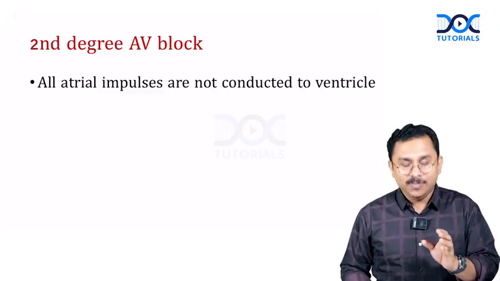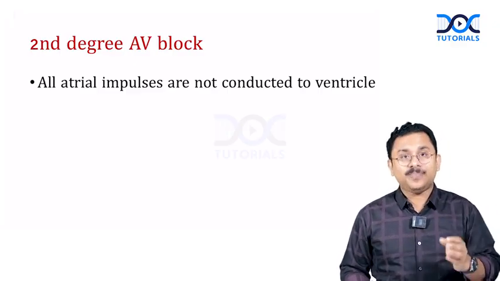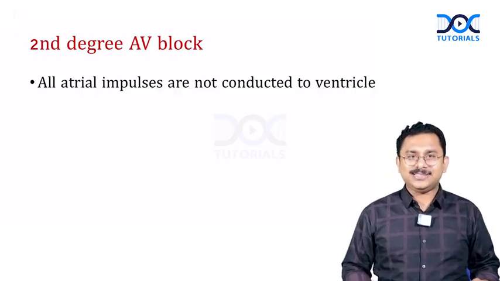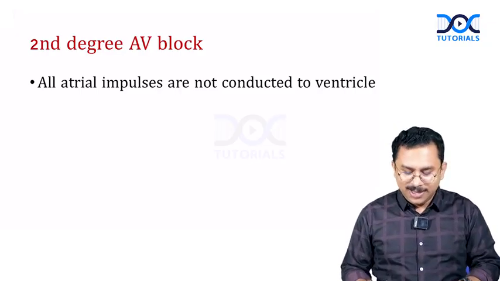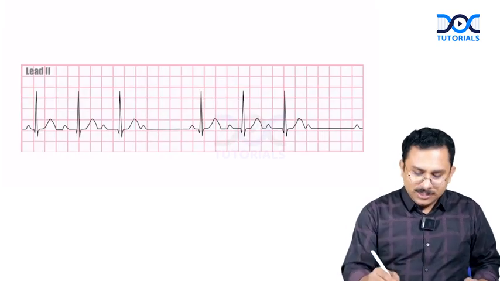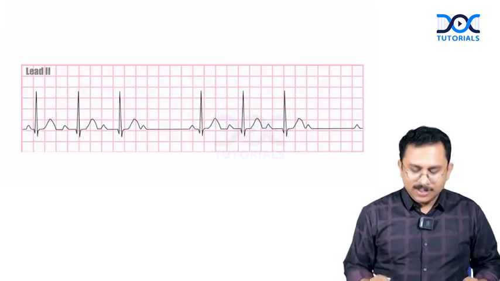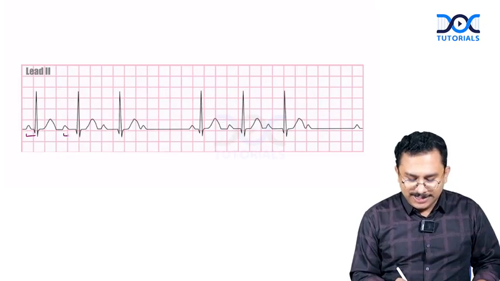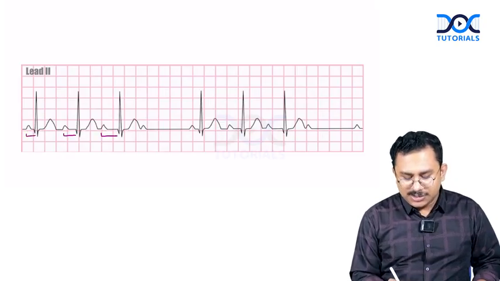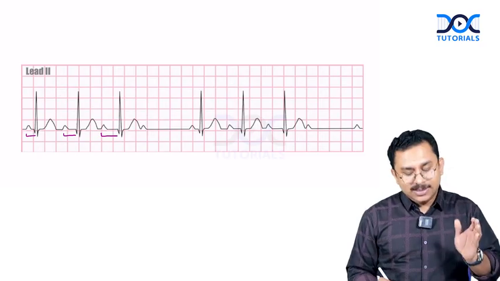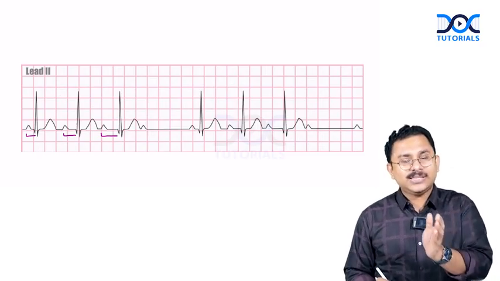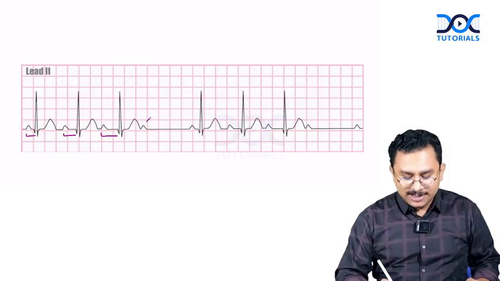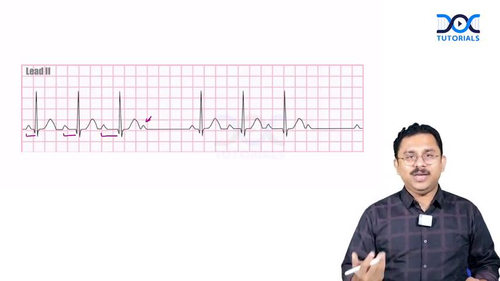Now, what is a second degree AV block? In a second degree AV block, unlike the first degree AV block, all the atrial impulses are not conducted to the ventricles. Look at this ECG here. You can see that the problem is with the PR interval. There is a gradual prolongation of the PR interval, and then there is a non-conducted P wave.